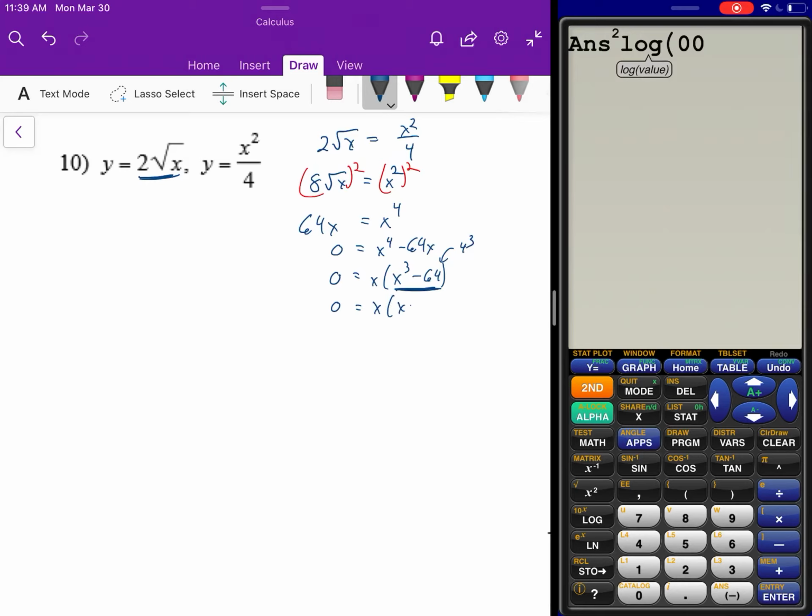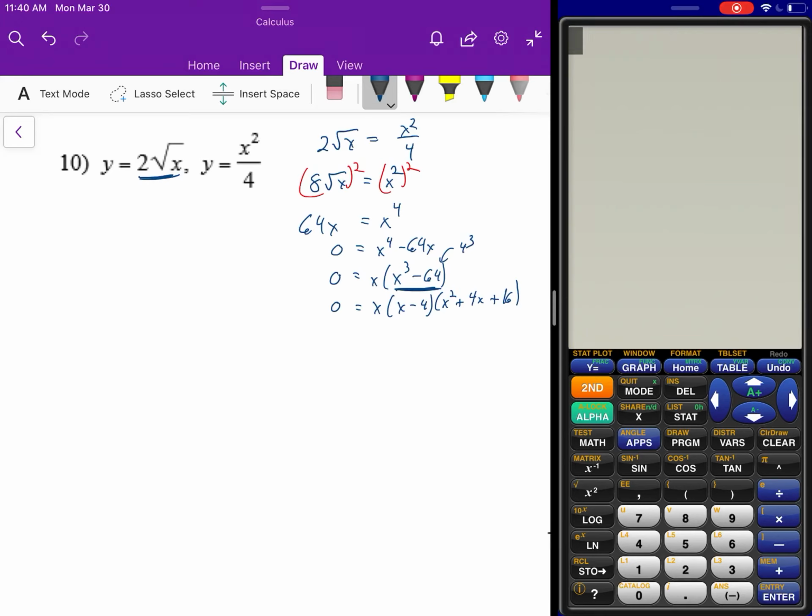So we would have x minus 4 times x squared plus 4x plus 4 squared, which is 16.